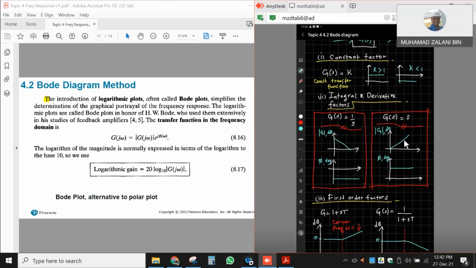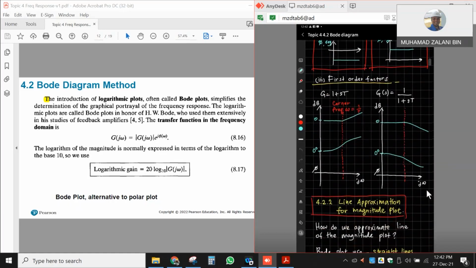The curve should look like this, which is a positive slope of the magnitude, starting from 0. For the angle plot, it should be positive. So this is the Bode plot for magnitude and phase angle for the derivative factor s of G(s).